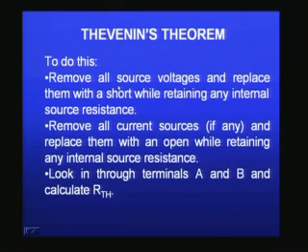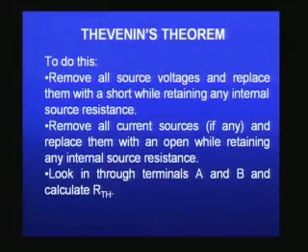Before you measure the resistance, remove all source voltages and replace them with a short while retaining any internal source resistance. So, if you have a voltage source, you just remove the voltage source from the circuit and connect a short in its place, because we assume the voltage source to be ideal.